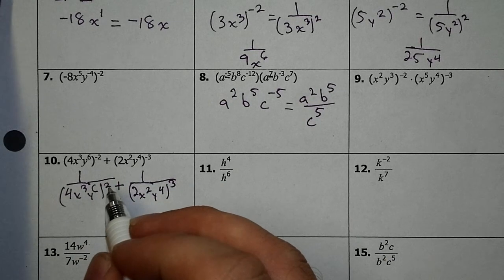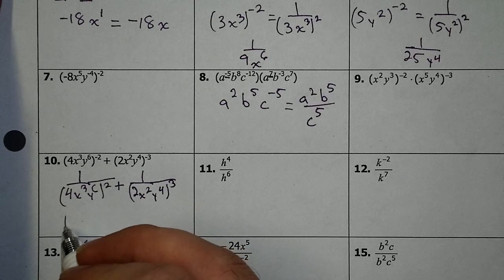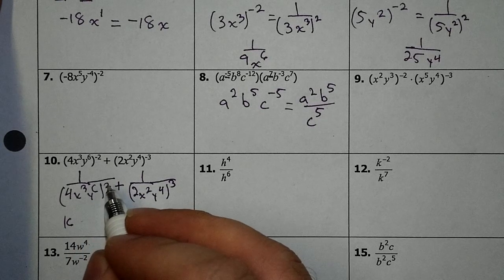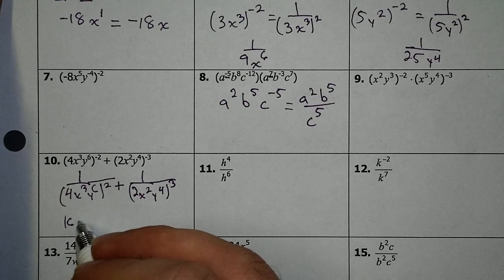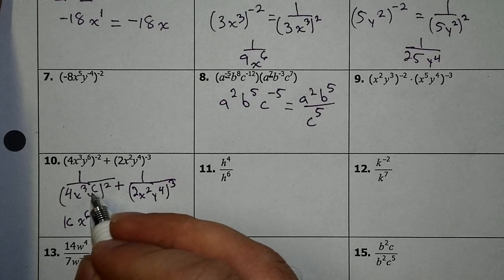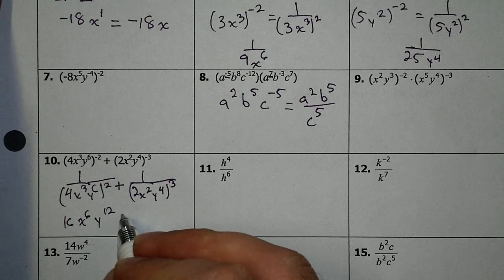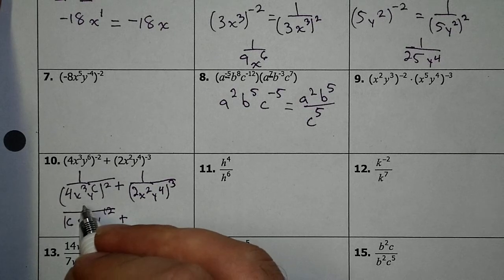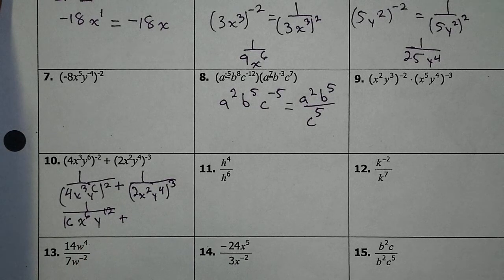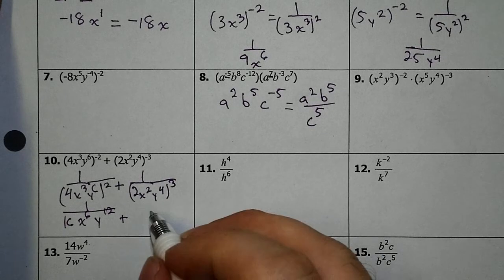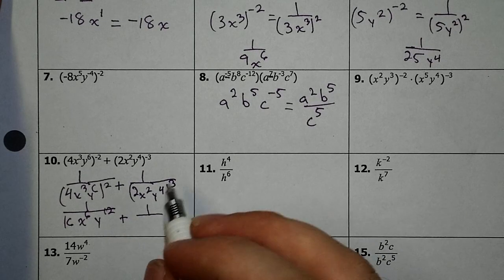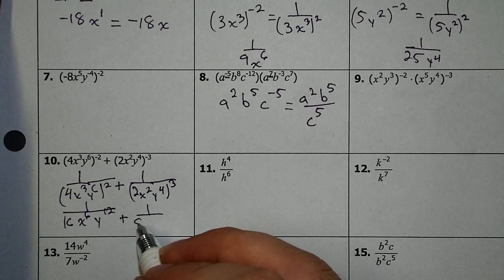Let's multiply this out. 4 times 4 is 16. X to the 3rd raised to the 2nd is x to the 6th. Y to the 6th raised to the 2nd is going to be y to the 12th. Plus, it's still over 1. So over here we still got it over 1. 2 to the 3rd power is 8.